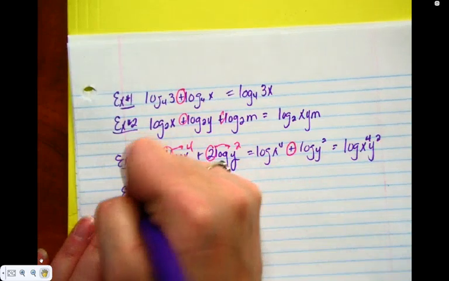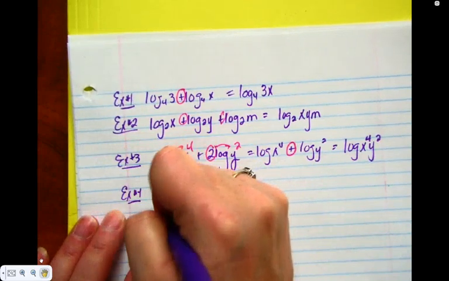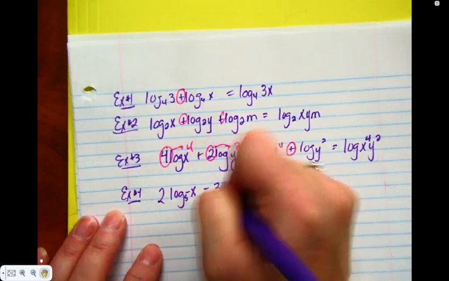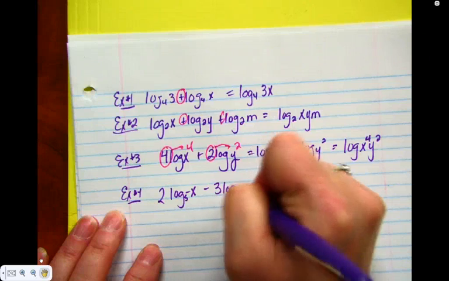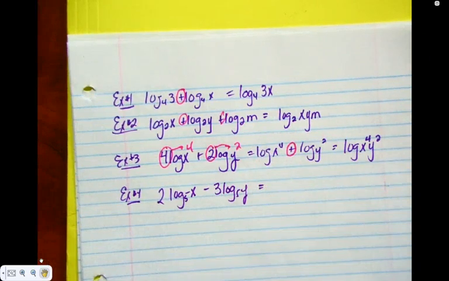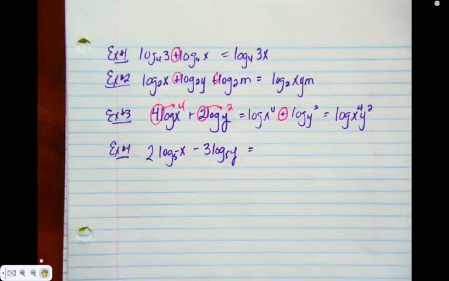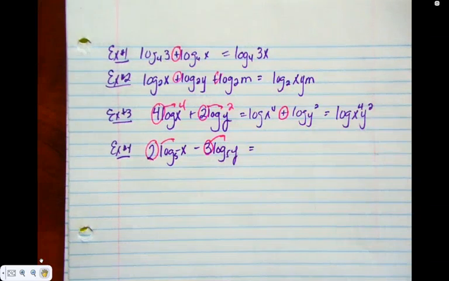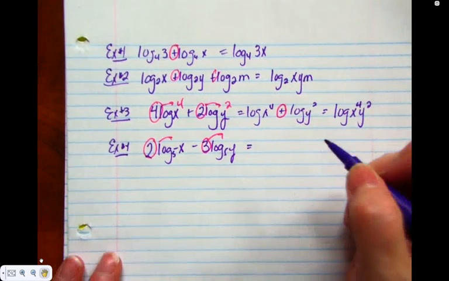Number 4. 2 log base 5 of x minus 3 log base 5 of y. First thing that we deal with are the coefficients. Coefficients move up and become exponents.